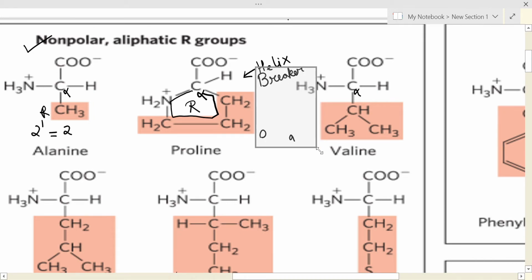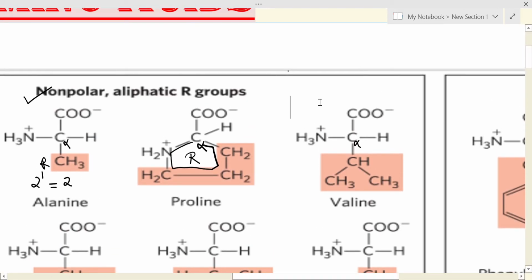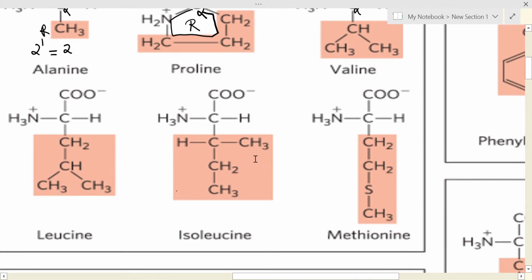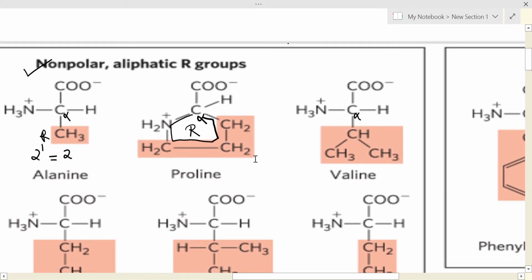It is symmetric, or it will not rotate the plane polarized light because it is not having a single chiral carbon. Rest all are chiral in nature. So here also we have 2 isomers. 2 to the power n means 2 isomers.